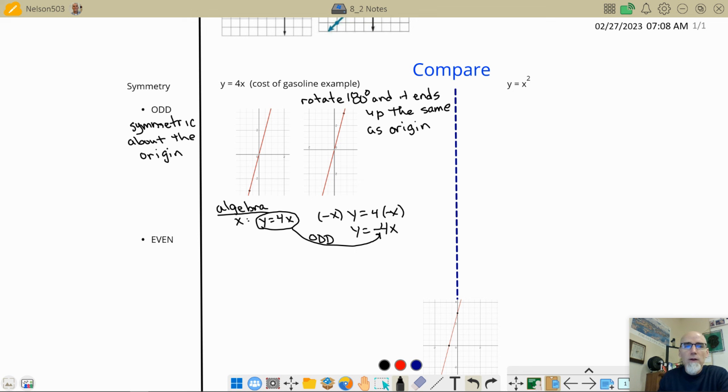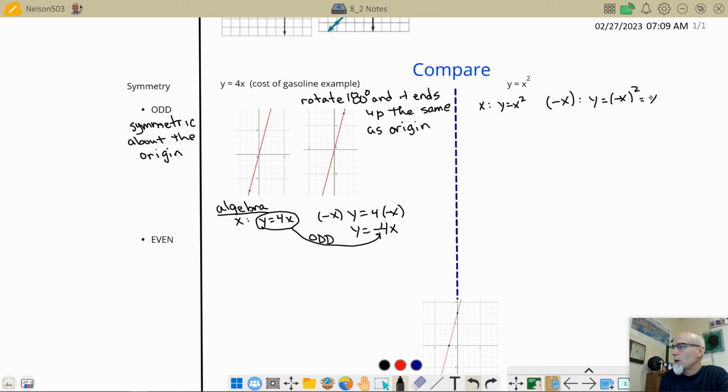All right. Now let's compare that to y equals x squared. And before I show you the graph, let's just try plugging in a negative x right in here. So here's the original, when x is positive, I get y equals x squared. If we take the opposite of x, I get y equals negative x squared. Hey, what happens to a negative when you square it?